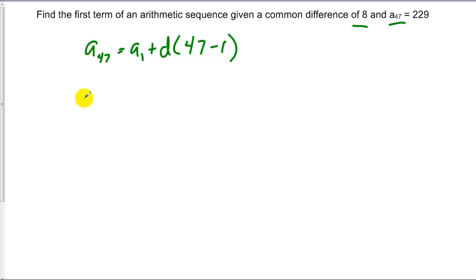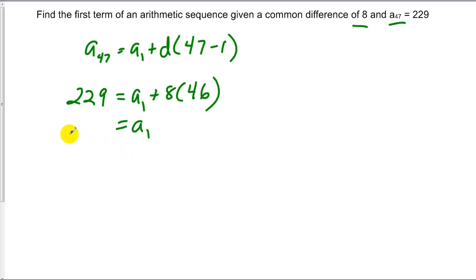So my 47th term I know is 229, trying to find my first term. We've got a common difference of 8, and I'm multiplying that by 46. And in this case, we end up with the first term being equivalent to negative 139.